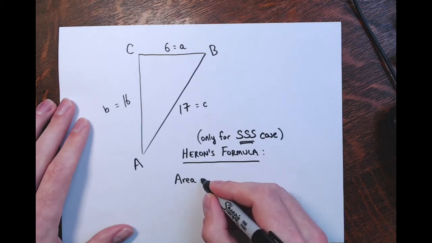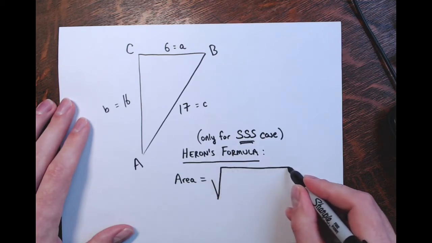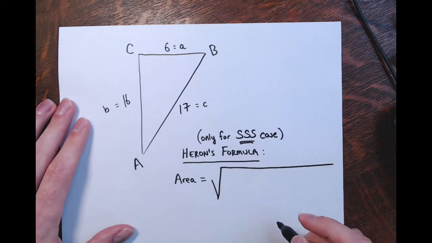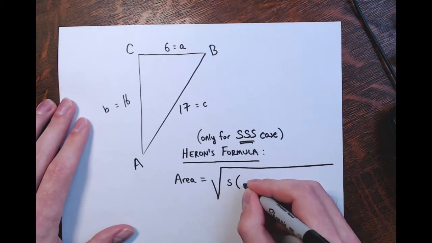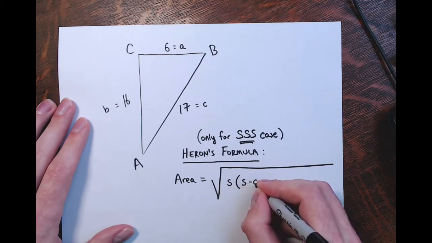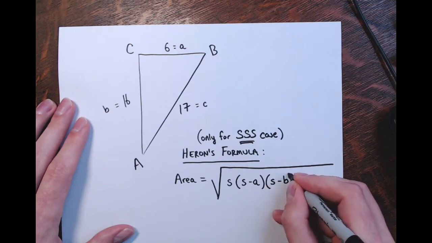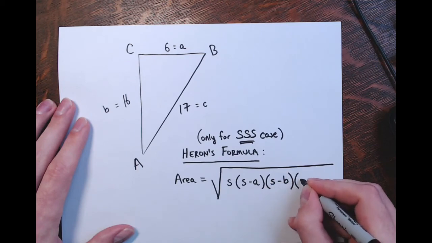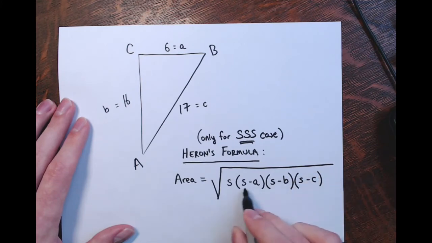The area is the square root, big square root, of the following: a little s multiplied by little s minus side length A, multiplied by little s minus side length B, multiplied by little s minus side length C. All of this in the square root.